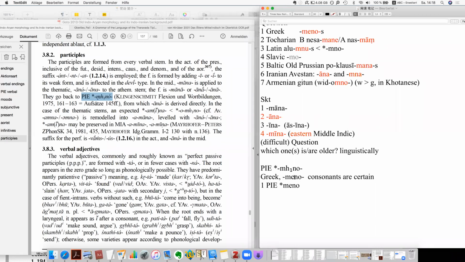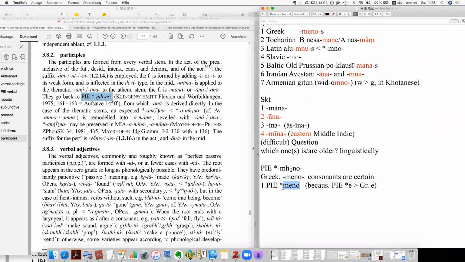Because PIE e turns into Greek e, we know this from all the other examples. So this is probably a first guess, but is this possible?